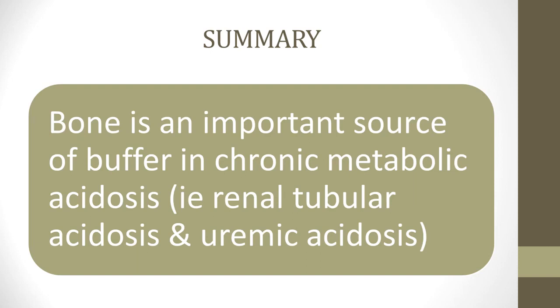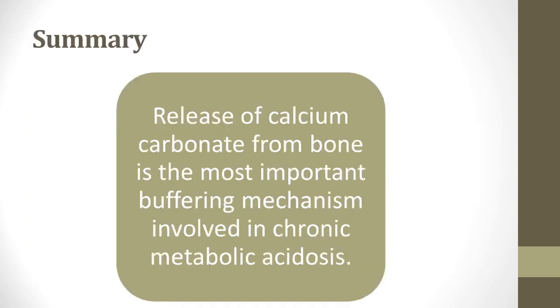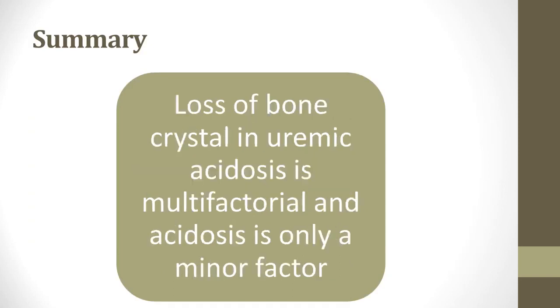So in uremic acidosis or renal tubular acidosis, both, the bone plays a very important role, and calcium carbonate is released from the bone in the presence of chronic metabolic acidosis, and bone loss, bone crystal loss occurs. And the uremic acidosis is multifactorial, it's not simply defined by one mechanism, and acidosis is only a minor factor.